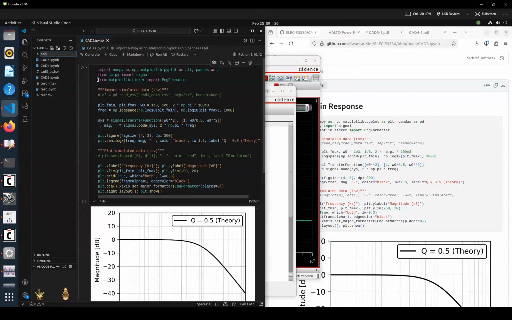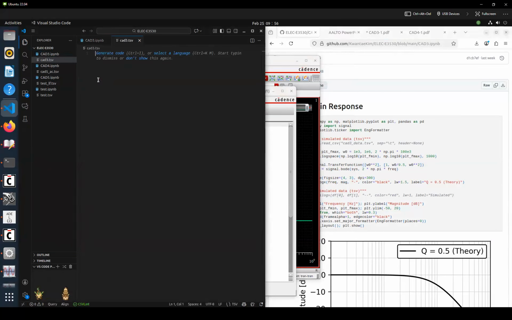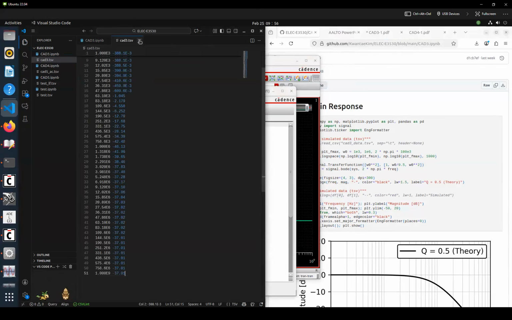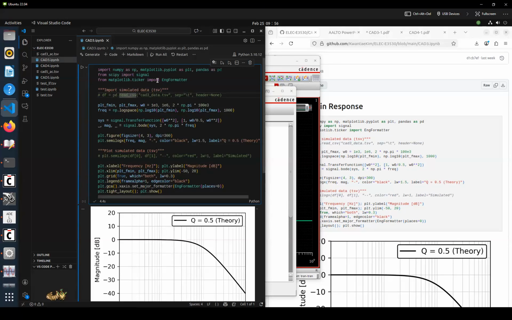Let's say CD3 TSV. And copy, paste. Let me call it CD3 AC, CD3 AC, TSV. TSV means tab separated values.